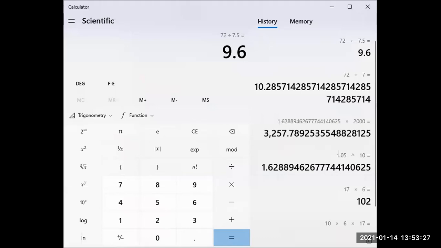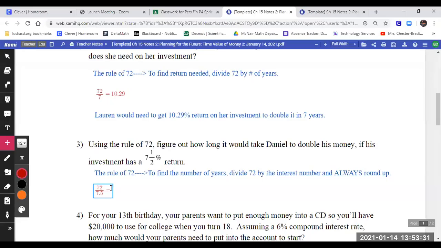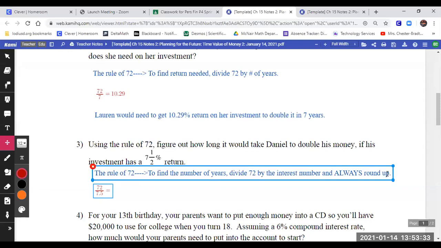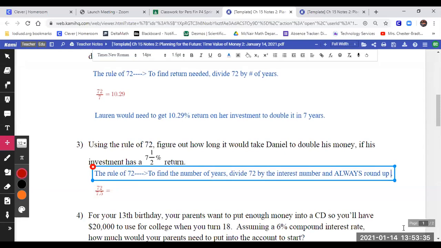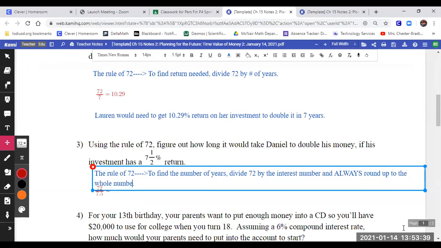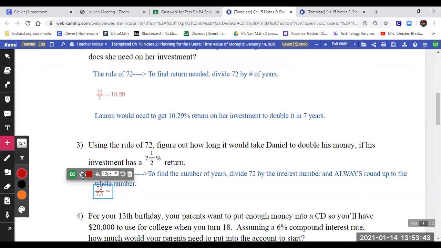Okay, so 10. So you always round up to the whole number. Let me go ahead and move my equation guy out from under.